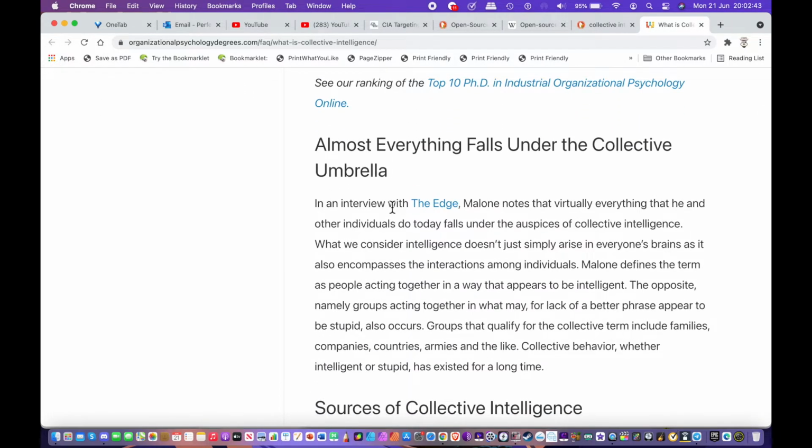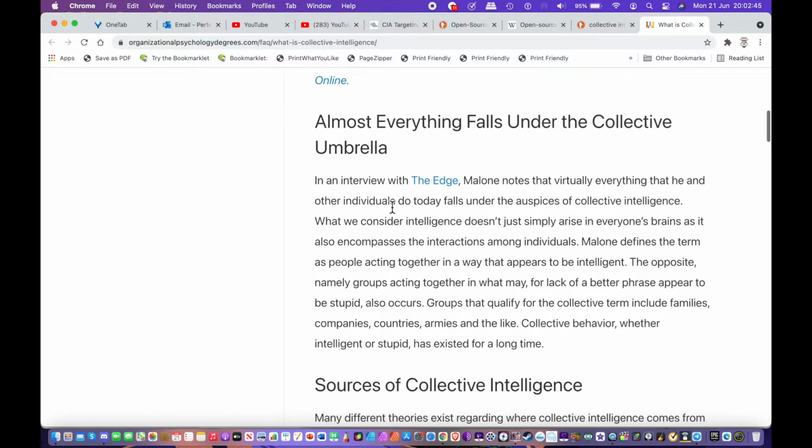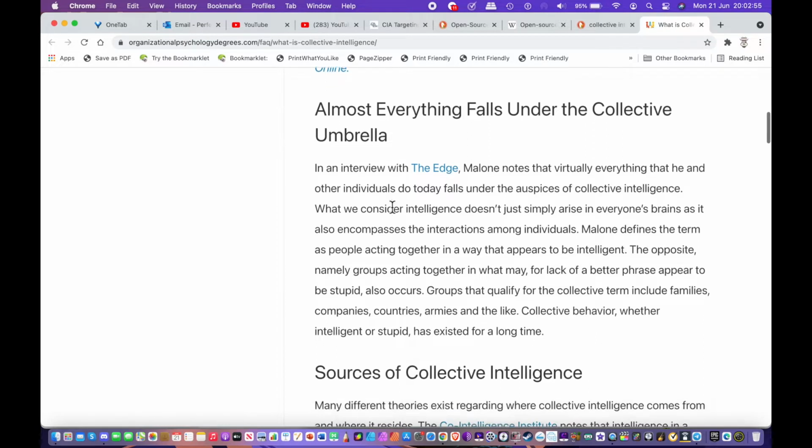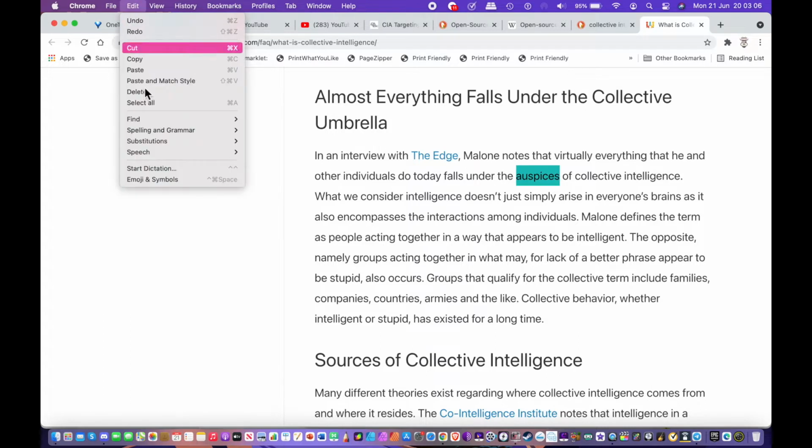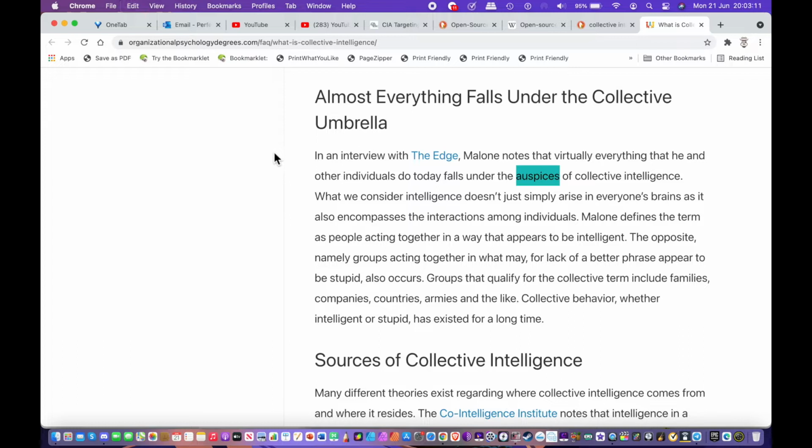Almost everything falls under the collective umbrella. In an interview with The Edge, Malone notes that virtually everything that he and other individuals do today falls under the auspices of collective intelligence.